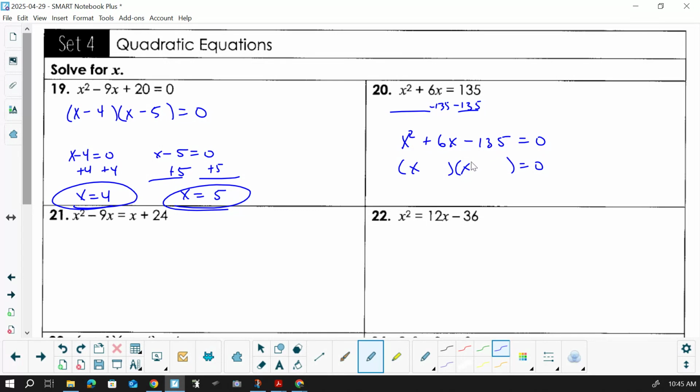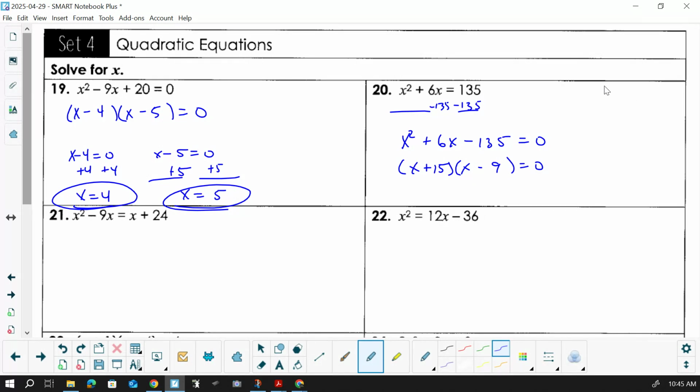I was thinking of 5 times something, but that's not going to work. Let's do a 15 and a 9. Different signs, and let's put the plus, minus: x squared minus 9, plus 15, that'll work, minus 135, that'll work.